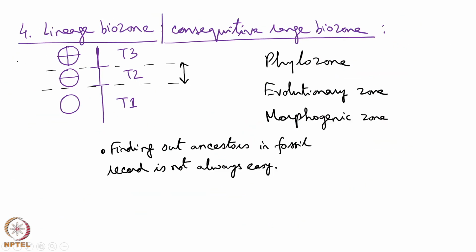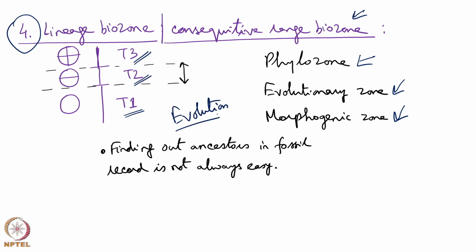Now, we come to the lineage biozone, also known as consecutive range biozone, also known as the phylozone, also known as the evolutionary zone, also known as the morphogenic zone. Consider a taxon T1 with time alters to taxon T2 and then it alters to taxon T3 by evolution, and here the word lineage comes.